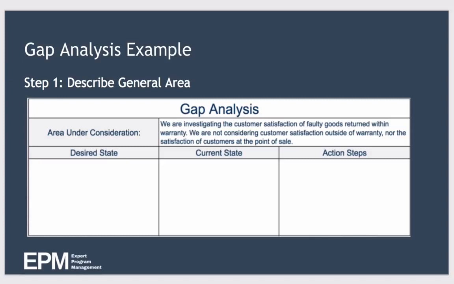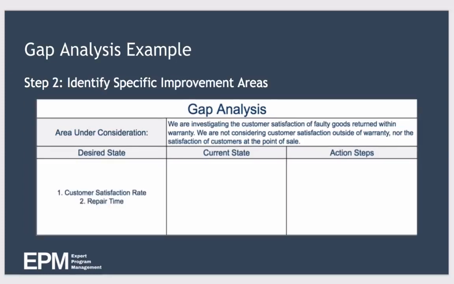If we weren't explicit in stating the area under investigation, then it's possible that there could be some confusion within the organization that we work for around the scope of this gap analysis. So the second step is to identify specific improvement areas.